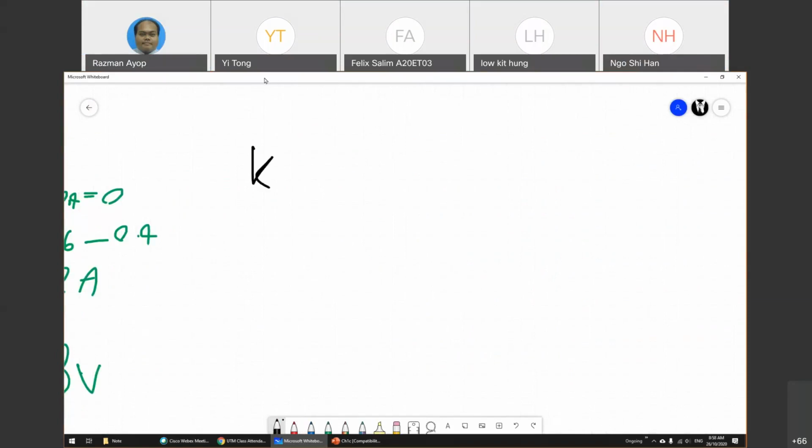So Kirchhoff's current law. So basically, if you have a circuit, for example, it has many branches, you have current goes into and current maybe go out. If you sum all this current, you will get 0.